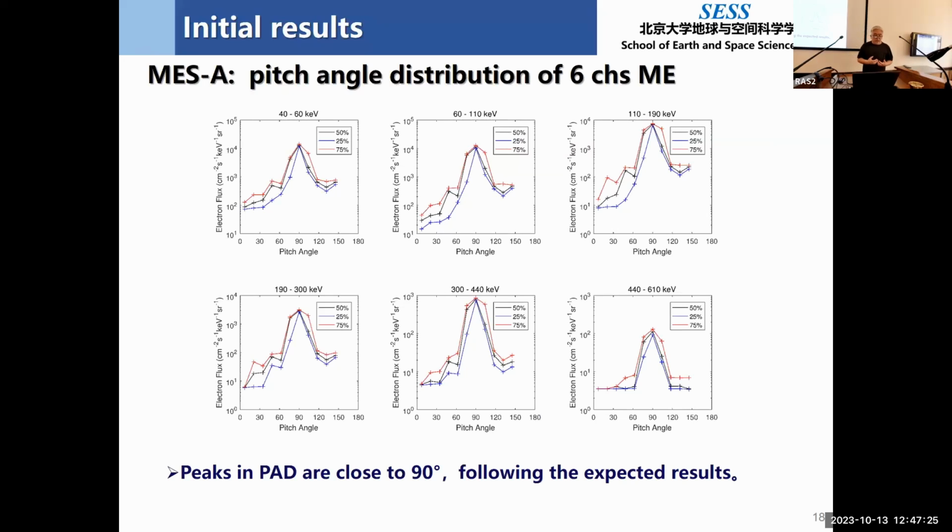Our best feature is the pitch angle measurement. This one is just for the MES on the A satellite, the pitch angle distribution of the 6 different mid-energy electrons.